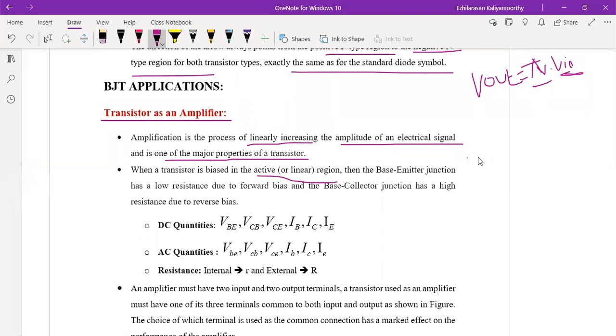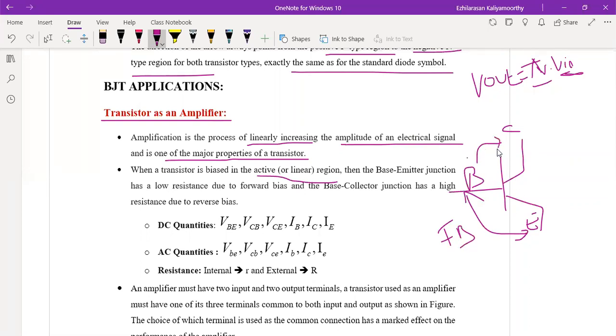See, this is your transistor, this is the base, this is the collector, this is the emitter. Base emitter means this only. This base emitter has low resistance because it is connected in forward bias. And the base collector, this one, will have high resistance due to reverse bias.